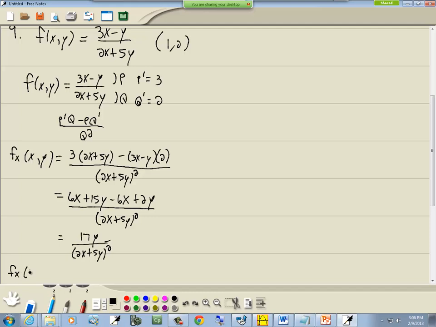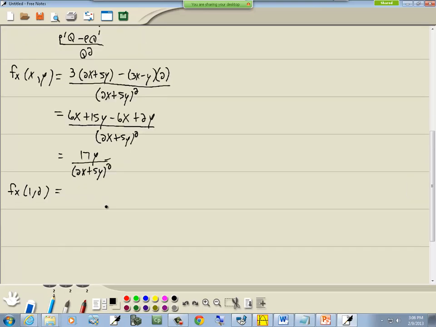And now we're ready to plug in our point. So plug in 1 for the x and 2 for the y. I'll have 17 times 2 over 2 times 1 plus 5 times 2, squared, which gives us 34 over 5 times 2 is 10, plus 2 is 12, so 12 squared, which is 34 over 144.